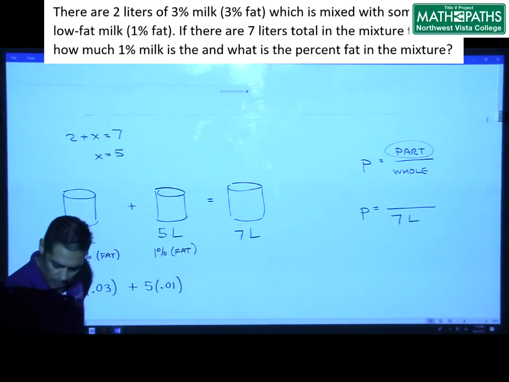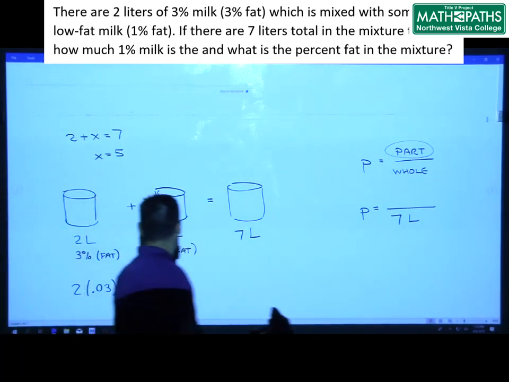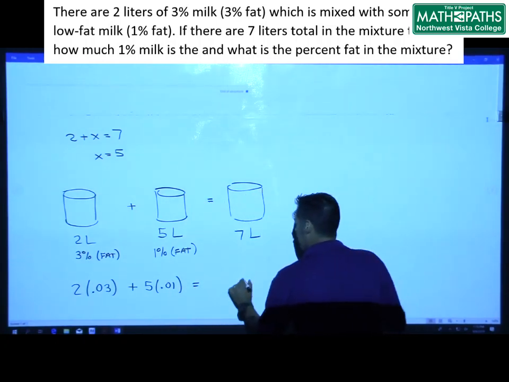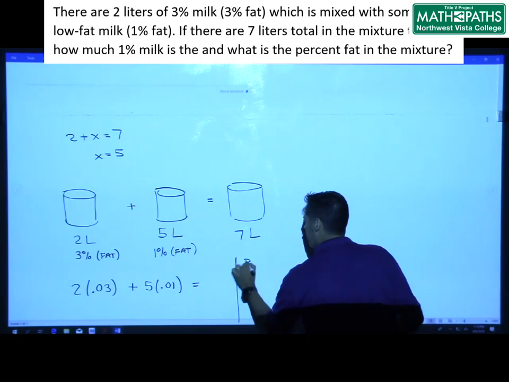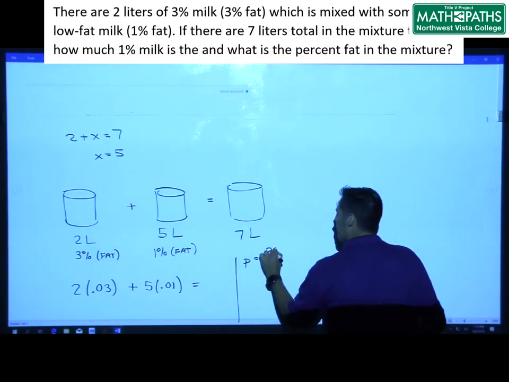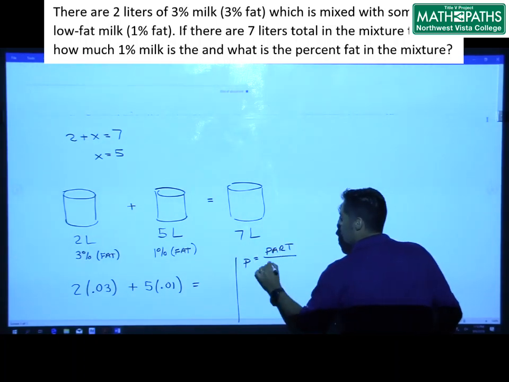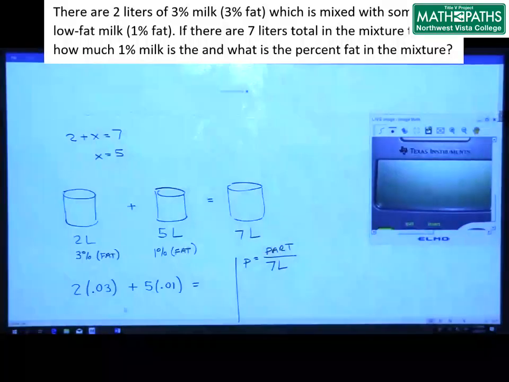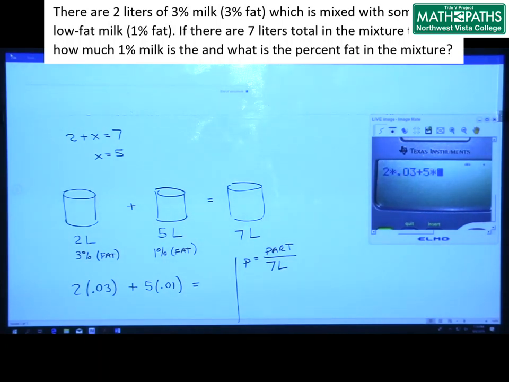So I'll bring up our calculator for this. I keep putting this in the wrong place. So let's do this. Our P is our part over our whole, which we said was 7 liters. All right, so we've got 2 times 0.03 plus 5 times 0.01.